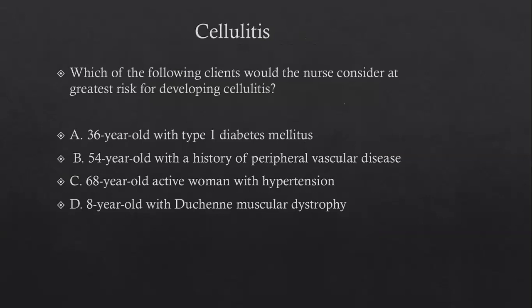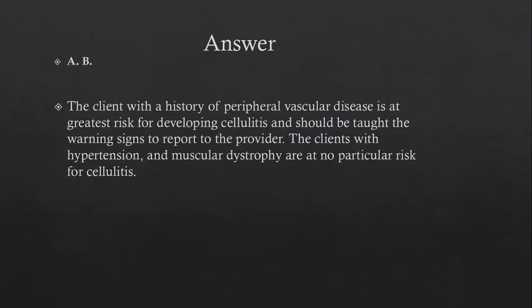Knowledge check. Which of the following clients would the nurse consider at greatest risk for developing cellulitis? Let's see. A and B. So the client with PVD, peripheral vascular disease, is at the greatest risk for developing cellulitis and should be taught the warning signs to report to the provider.